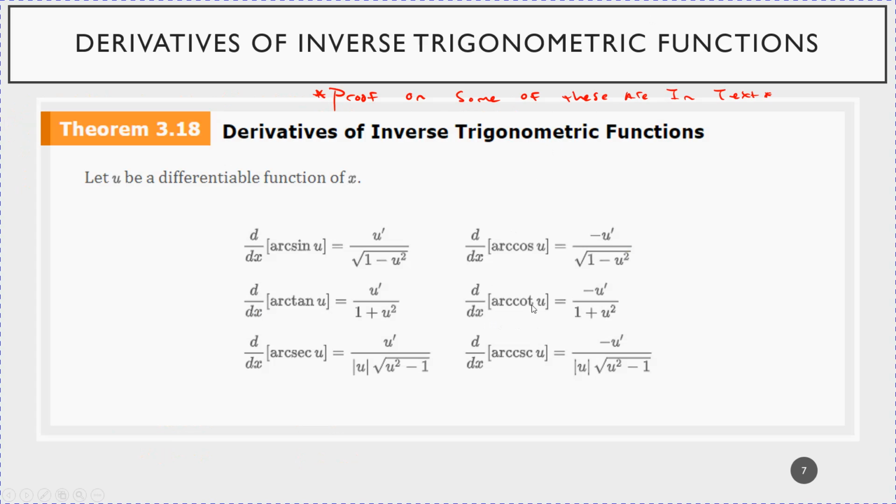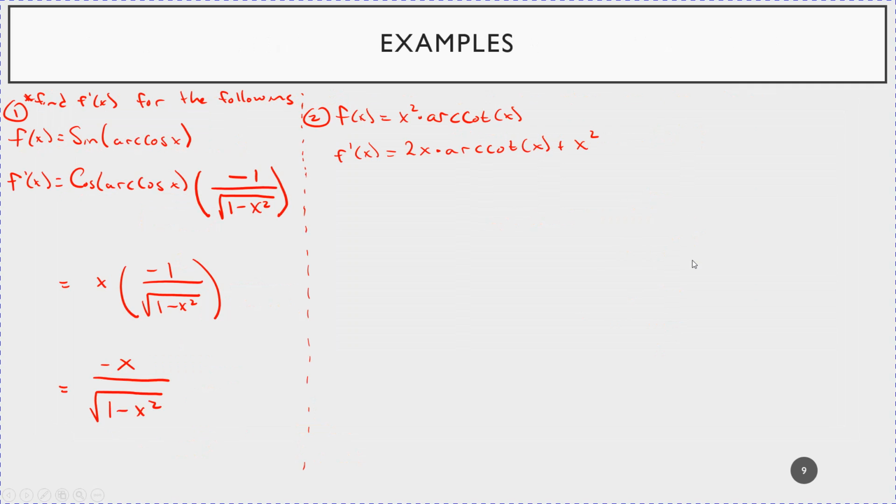If this is just x instead of u, the derivative of it is 1. So it ends up just being minus 1 divided by 1 plus x squared here. And then you can clean this up if you want. So this is 2x arc cotangent of x minus x squared over 1 plus x squared.